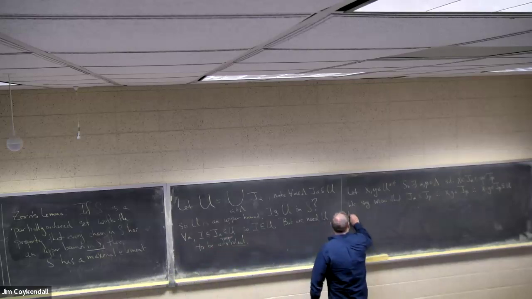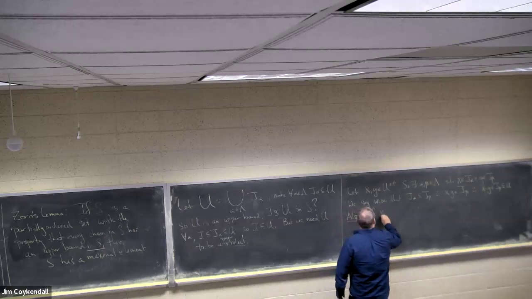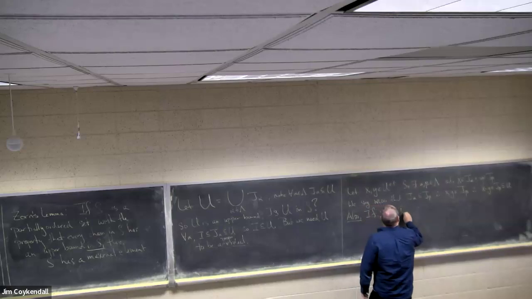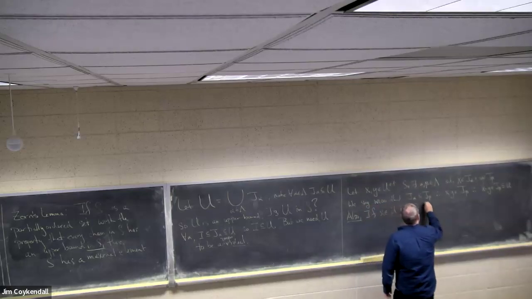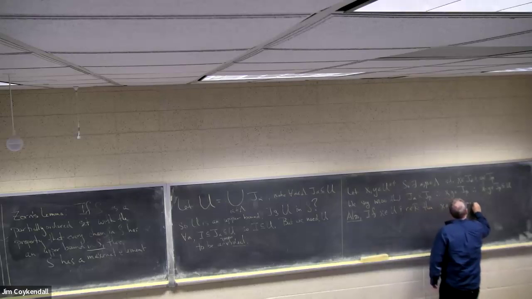Also, if X is in U and r is in R, then X is in J alpha for some alpha.